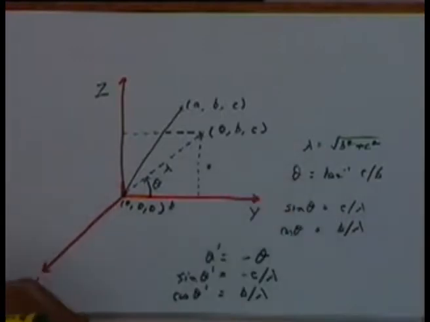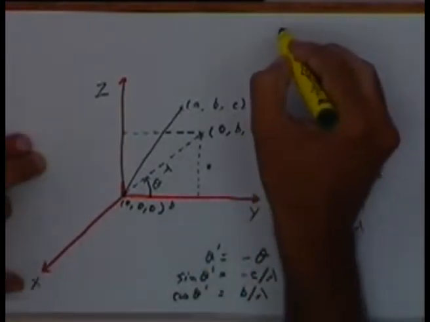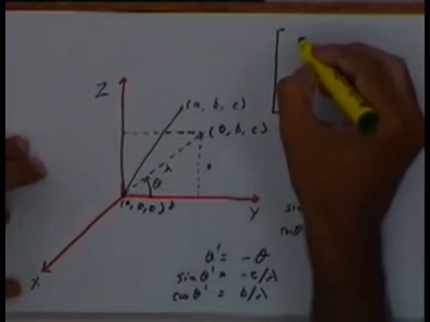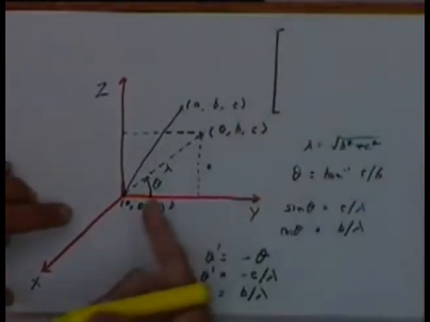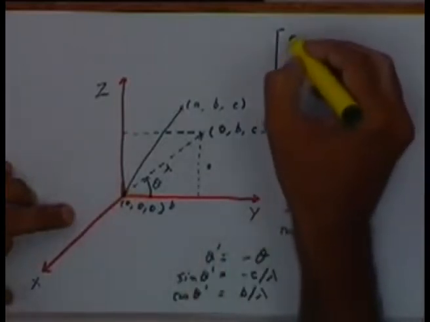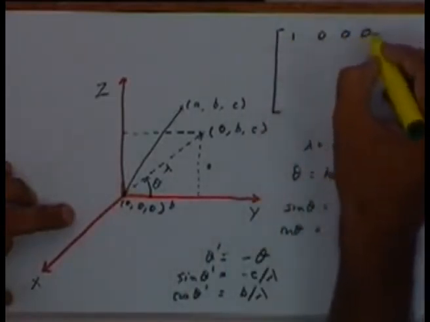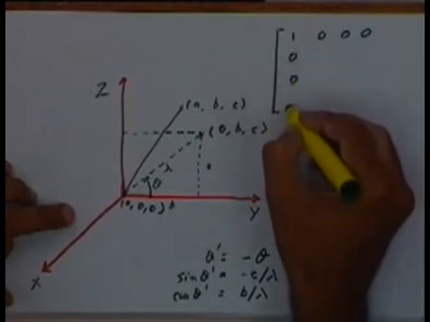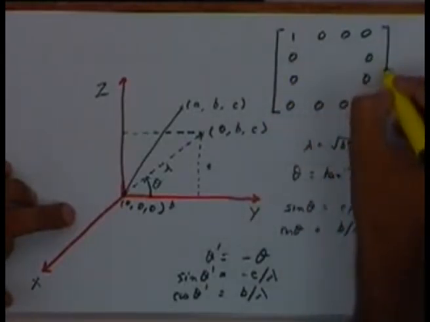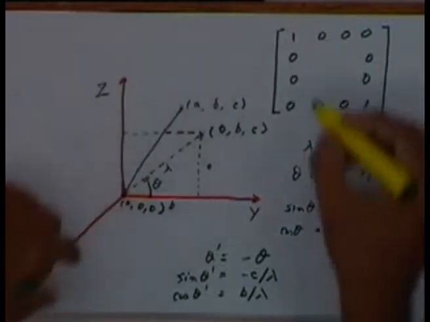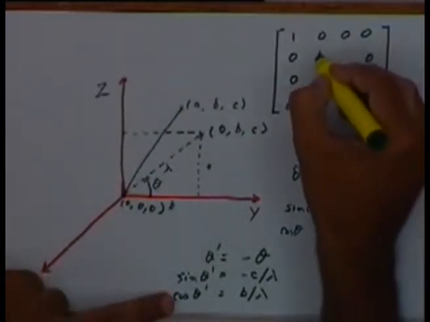So for this step, what would my transformation matrix look like? I am rotating about the x axis by an angle of minus theta. So this will be 1, 0, 0, 0. This term is cos theta, which is B by lambda.